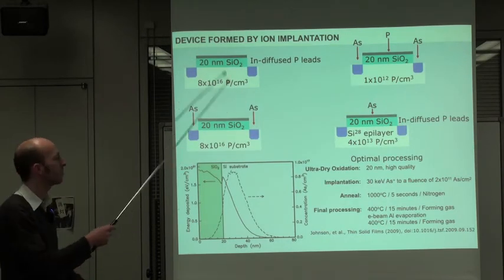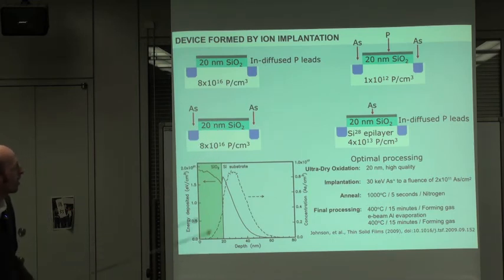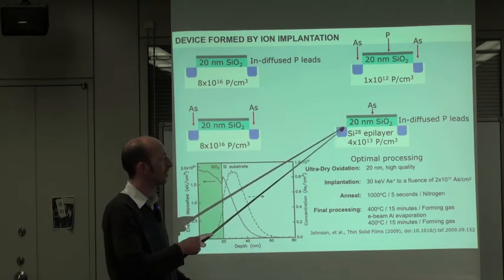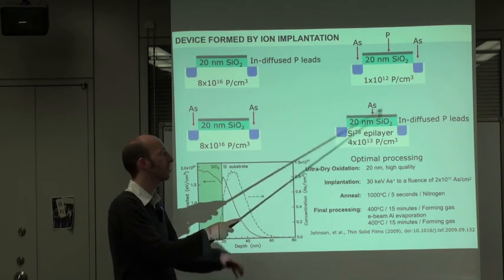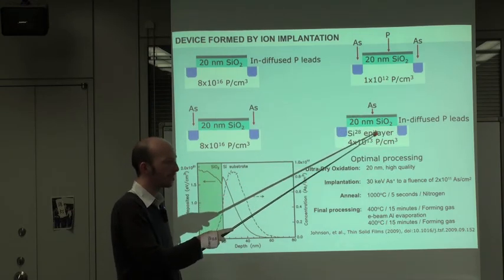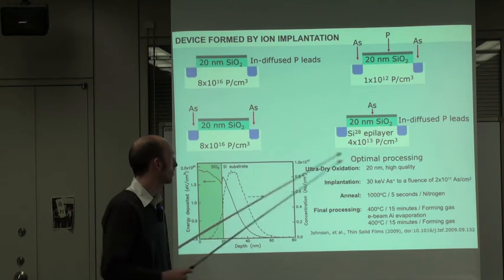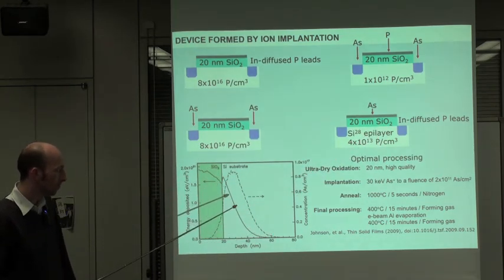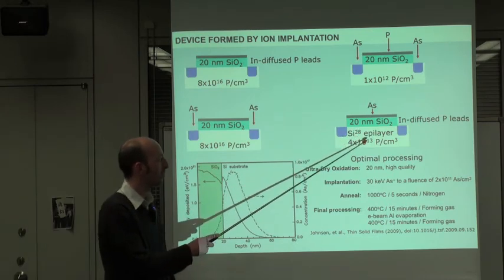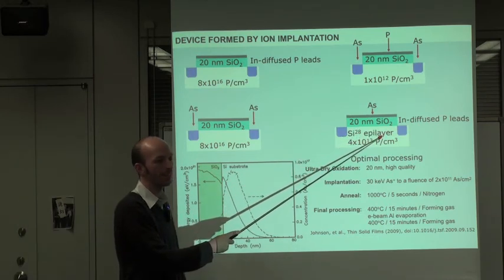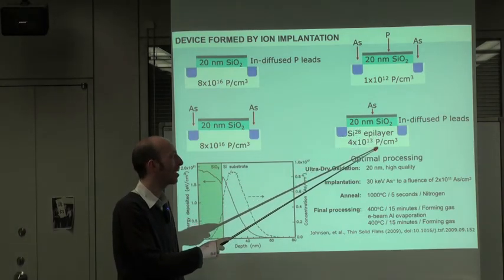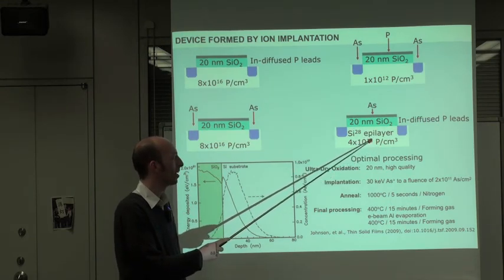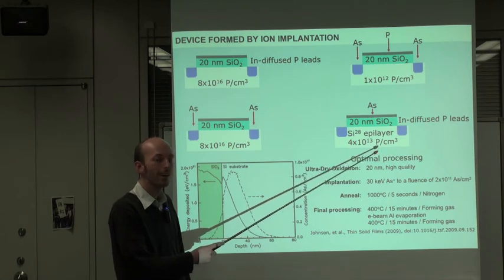So this is the original device. We've already tried this device here where the phosphorus leads were indiffused, but I implanted arsenic into the channel, which gives this type of profile. But actually we used an epi layer here which had a high concentration of acceptors in it, so that quenched the hyperfine lines.